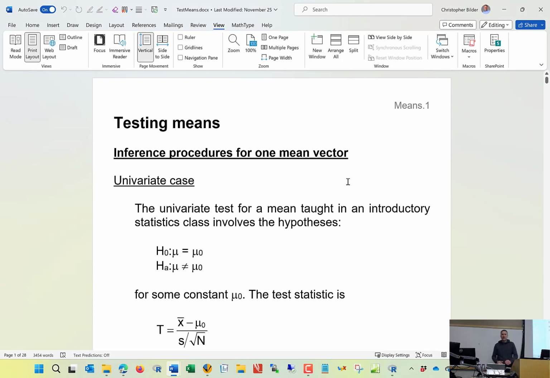So testing mean vectors. This is a classic topic for a multivariate course. A number of years ago, when I was doing another revision of this course, instead of making that one of the early topics of the course, as you will often see in multivariate courses, I decided to actually move it towards the end. And if I didn't get to it, that was okay.